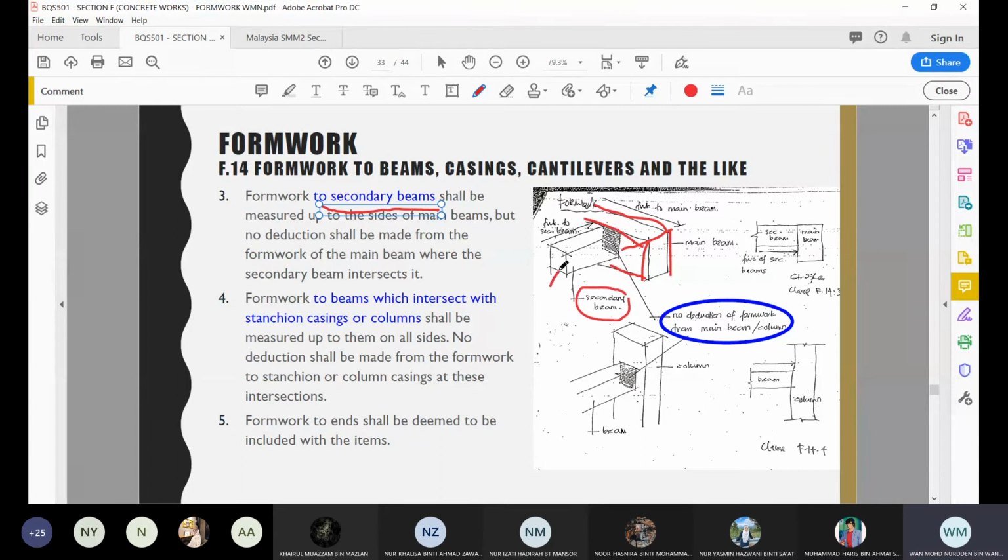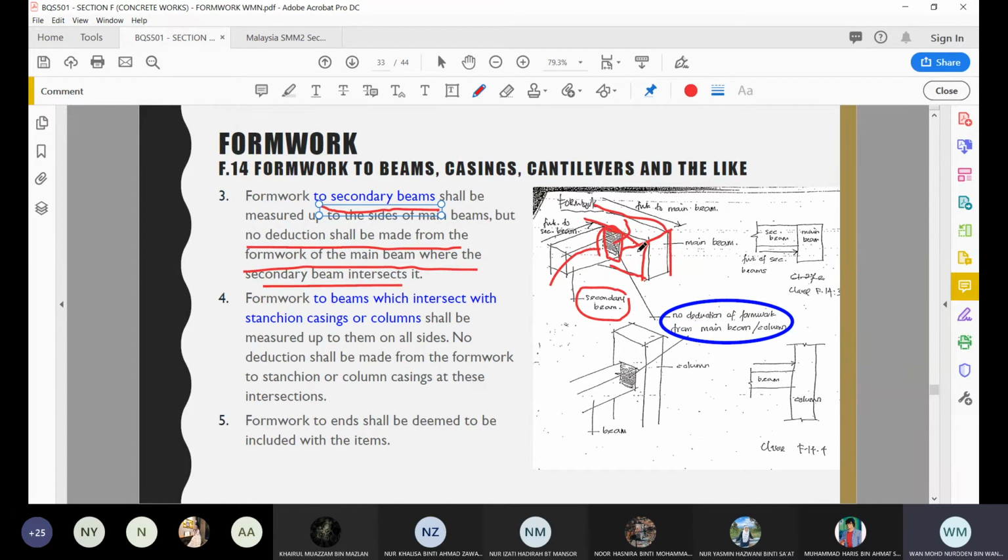And bila dia intersect, kawasan ni akan bertindih, betul? Akan bertindih dengan main beam, secondary beam. Formwork akan bertindih dengan main beam. Jadi kat sini, formwork to secondary beam shall be measured up to the side of the main beam, but no deduction shall be made from the formwork of the main beam where the secondary beam intersect it.